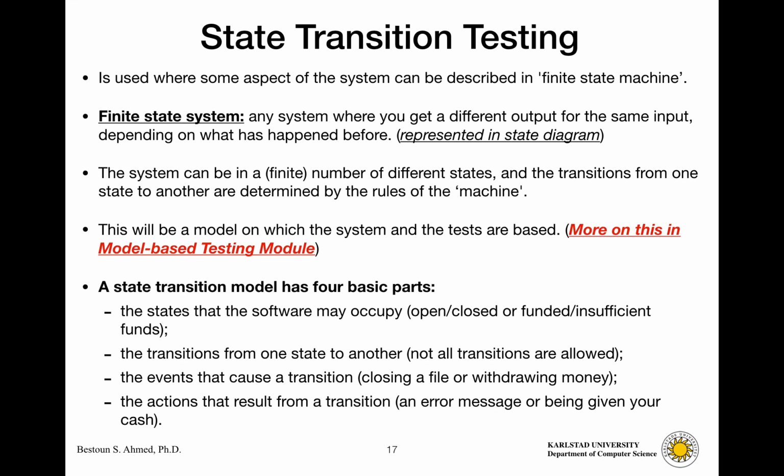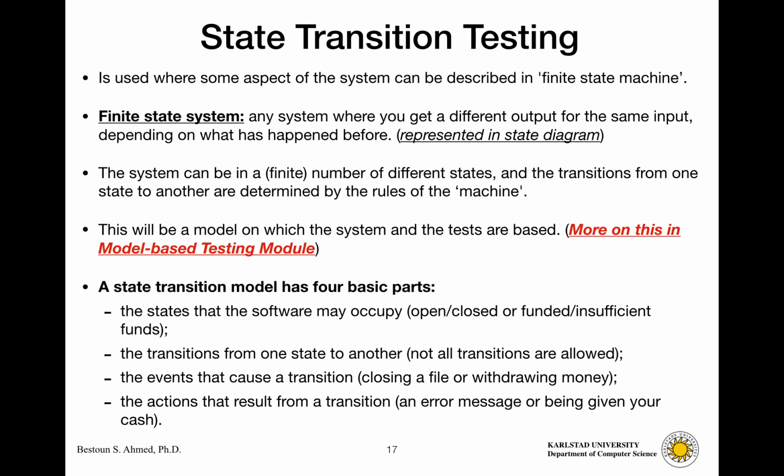The state transition model has four basic parts: the states that the software may occupy, of course. For example, you can say open, close, these are states. And then the transitions, the arrows between the states from one state to another. Of course, not all transitions are allowed. Sometimes you have constraints between them. And you have the event or many events, of course, that cause a transition.